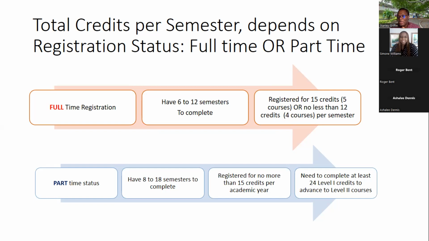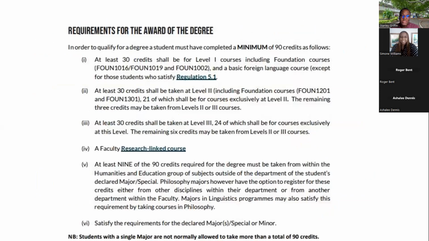And according to the handbook, after acquiring 15 credits, you could transfer to full-time status. In other words, know your status, people, because it will determine the length of time you have with us in your programs and the credit requirements you need to acquire, the credits you need to gain each semester.